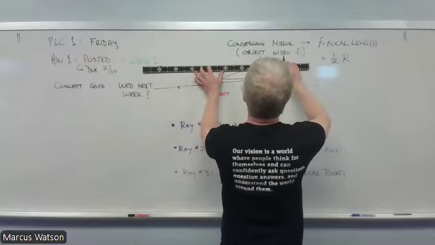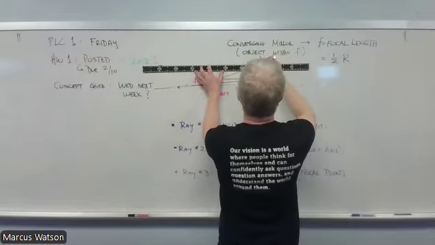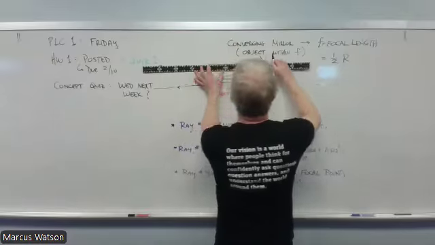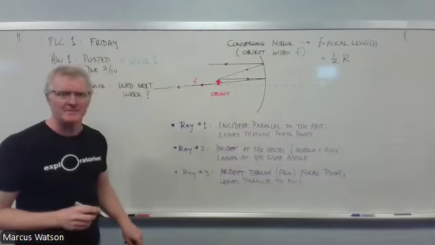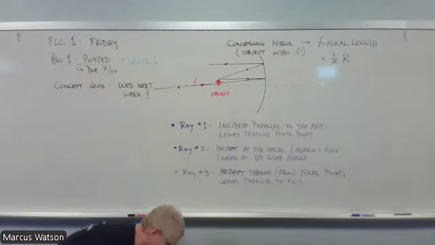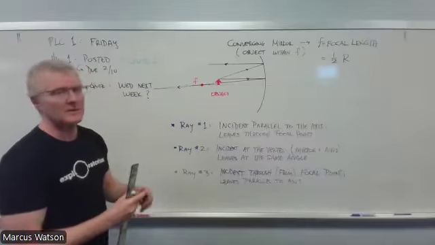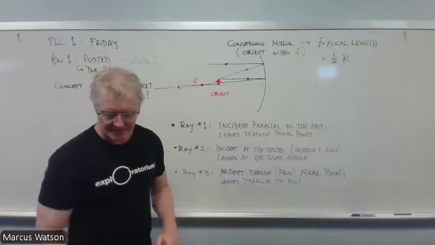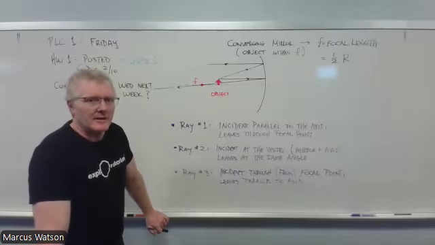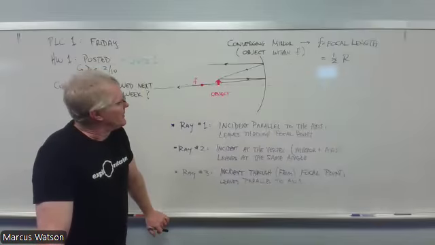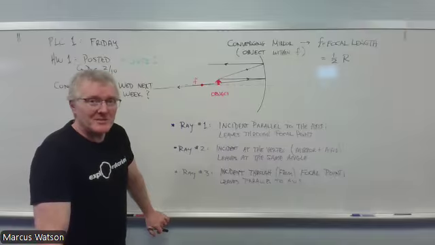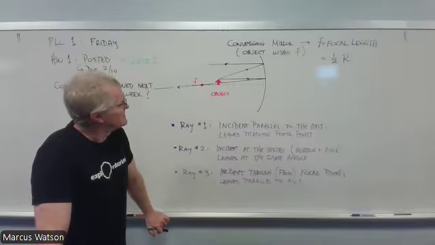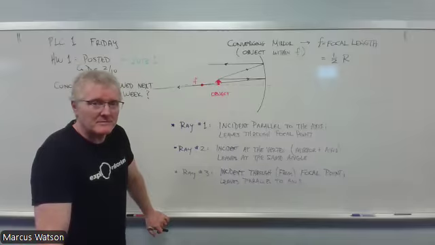I'm going to take this thing here and run it straight parallel with the axis, and off it goes. Okay, it goes that way, like that. And now you can see something interesting. Our converging mirror is not converging the light rays.